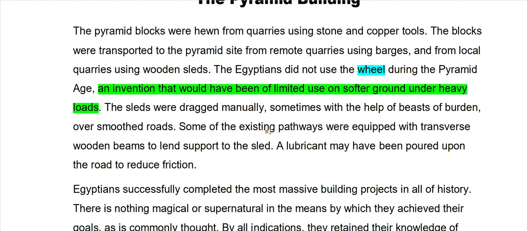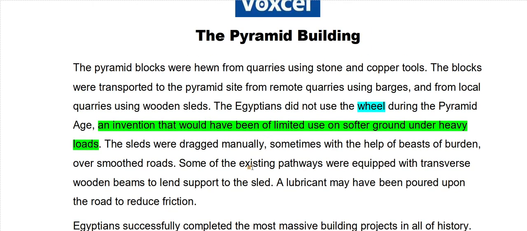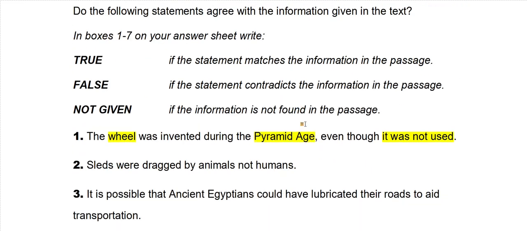But whether they invented the wheel and did not use it, or whether the wheel was invented before them by some other civilization and they didn't use this invention because their ground was very soft, we don't know. So for this question our answer is not given.